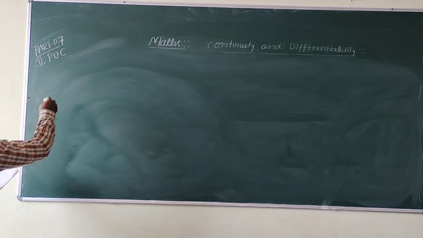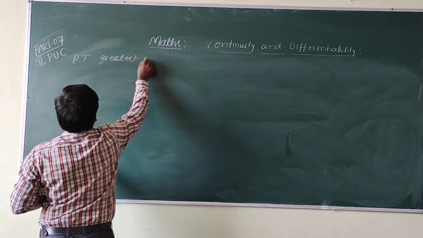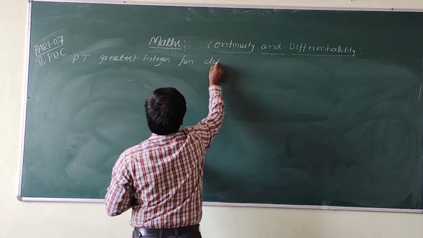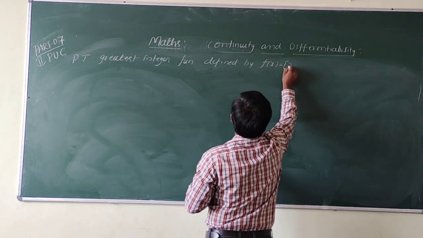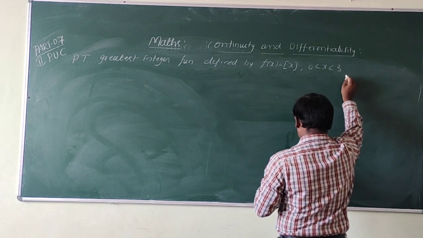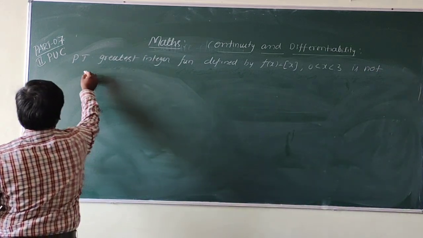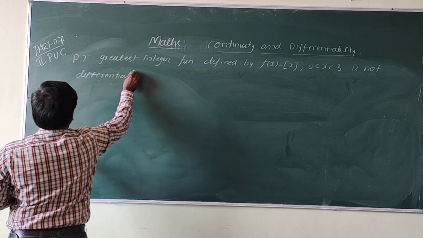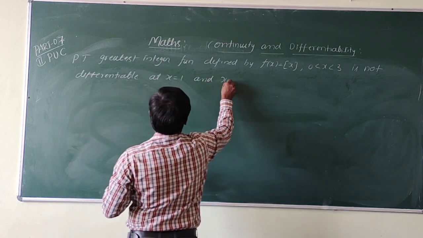So one more point. Prove that the greatest integer function defined by f(x) = [x], 0 < x < 3, is not differentiable at x = 1 and x = 2.